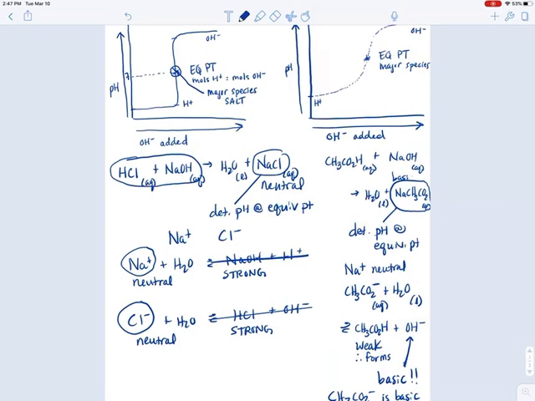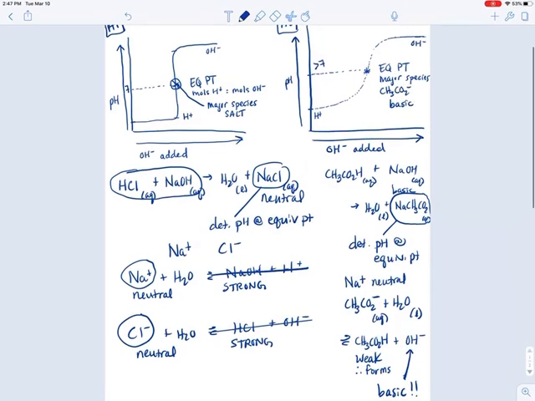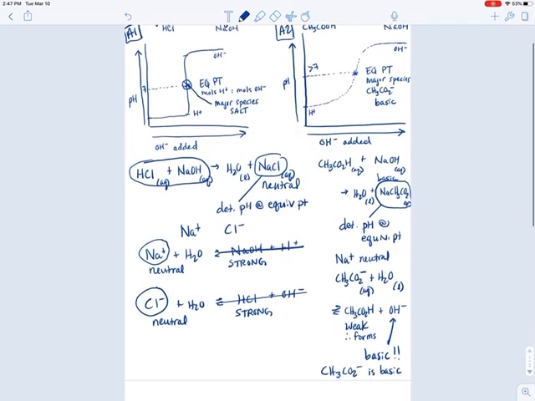So this species is basic, and right here we're going to see that the pH at the equivalence point is going to be greater than 7, because CH3CO2- is a basic ion, and sodium acetate is a basic salt. So those are the key differences between the two titration curves.